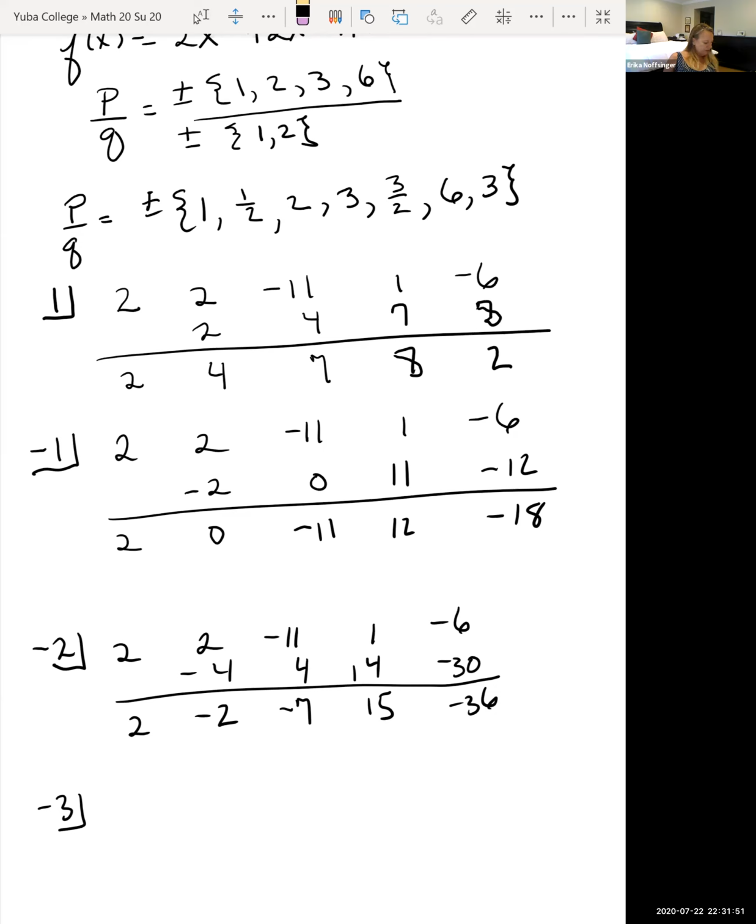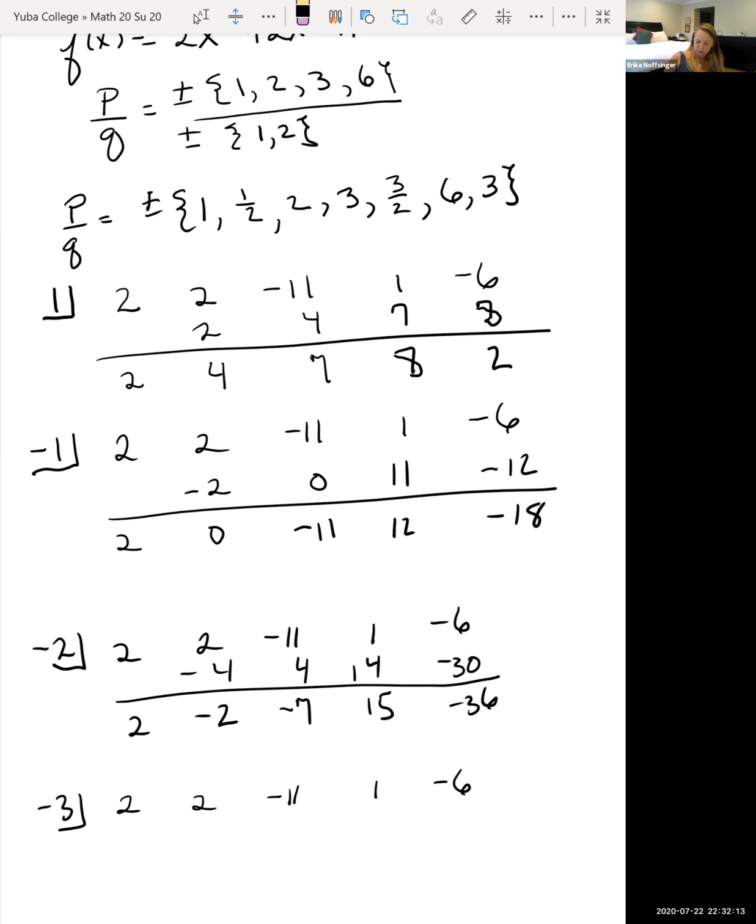Let's try negative 3. Might have done something wrong back up here, but let's try negative 3. Just making sure I wrote everything down right. Okay, so let's try negative 3. So 2, 2, negative 11, 1, negative 6.